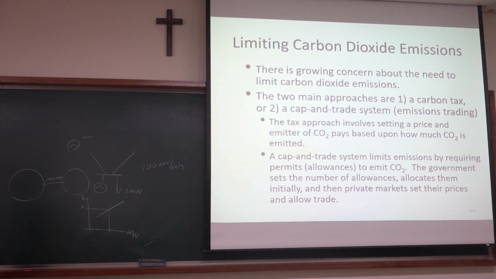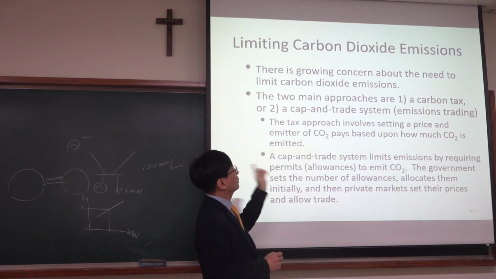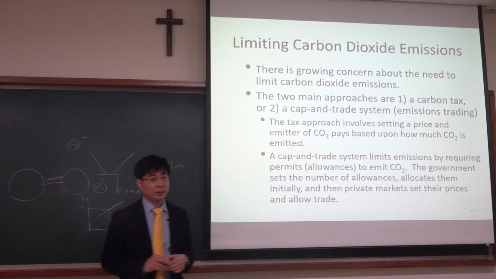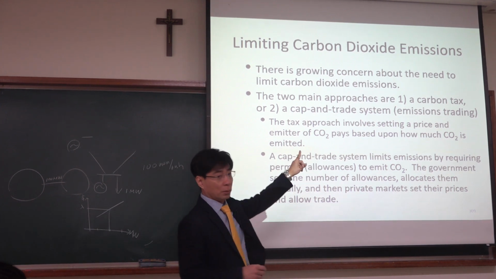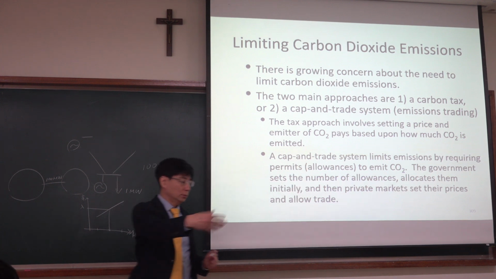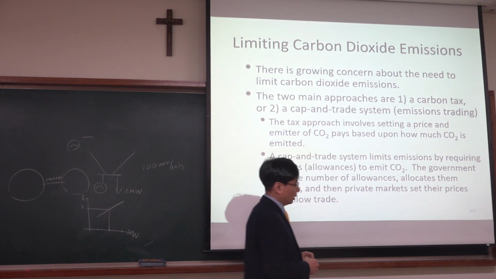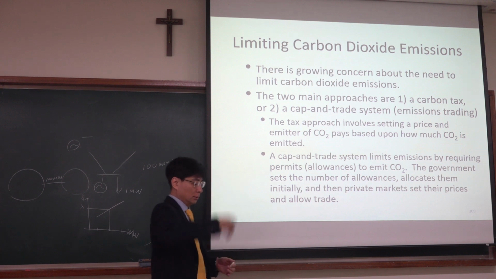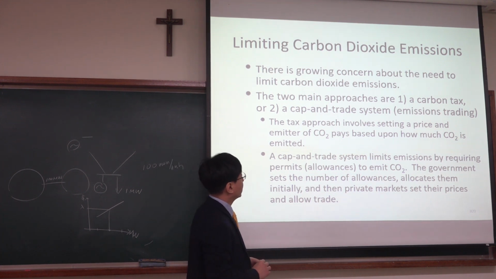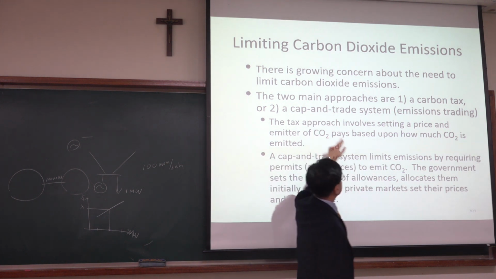So now we have some limitation of using traditional fossil fuel-based generators because of carbon dioxide emission limitation. Okay, so there are 2 different approaches. The first one is carbon tax. If you generate power using a thermal unit, you need to pay some tax because you emit carbon dioxide. Another one is called emission trading or cap and trade system.